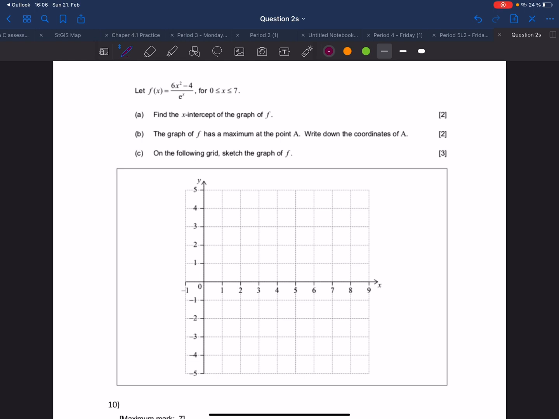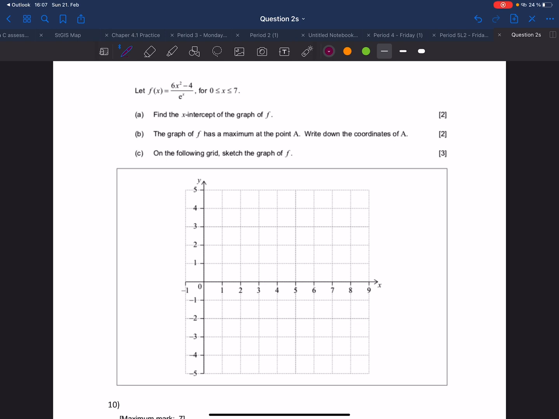The way I'm going to deal with that is I am going to go to the graphing part of my calculator. I am going to type in that function, so 6x squared. Hang on a second, I've got my X on caps lock, which isn't going to do me any good. Let me just take that off.